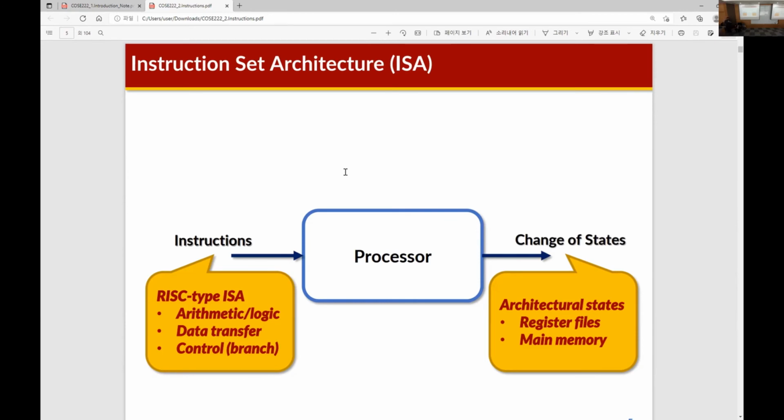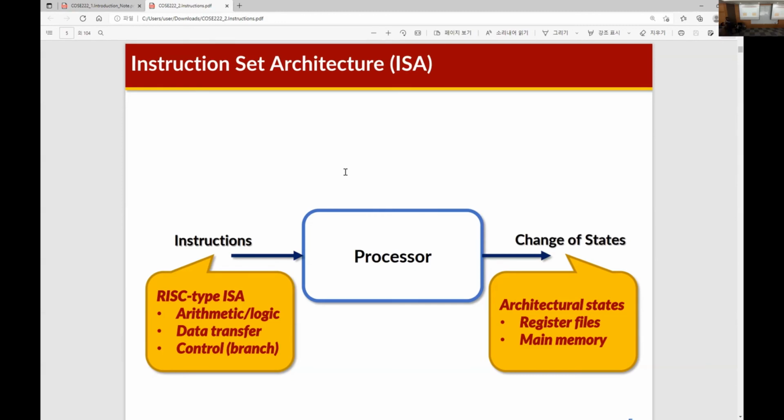We will learn about some different components in computer processors, but the instruction set architecture just defines the result data in register files and main memory.